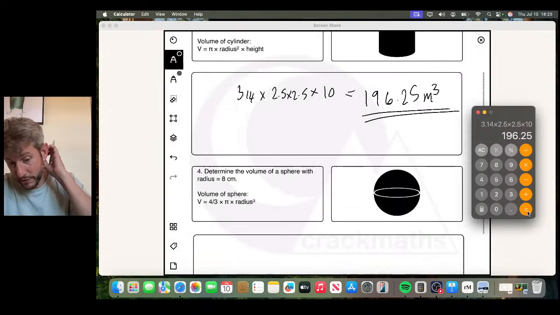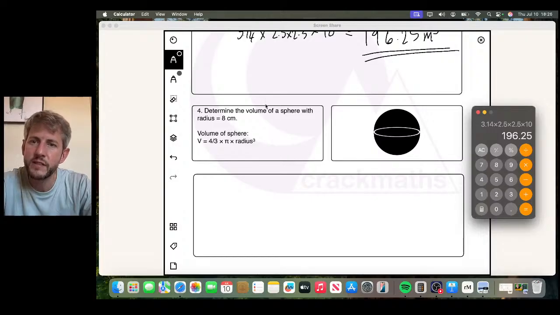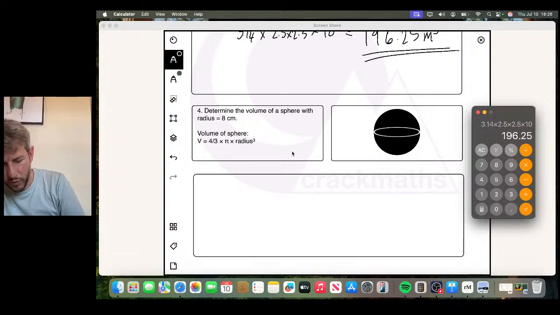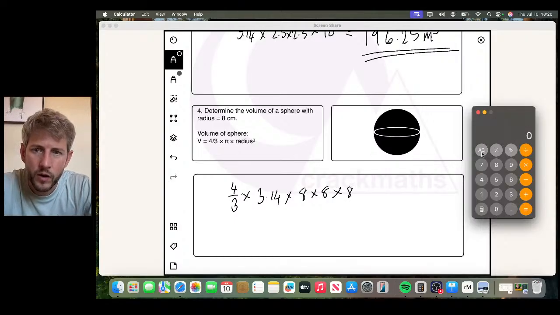Okay, right, question 4. Determine the volume of a sphere with radius 8 centimeters. So volume of a sphere is 4/3 times pi times radius cubed. So we've got 4/3 times 3.14 times 8 times 8 times 8. Okay, so let's work this out.